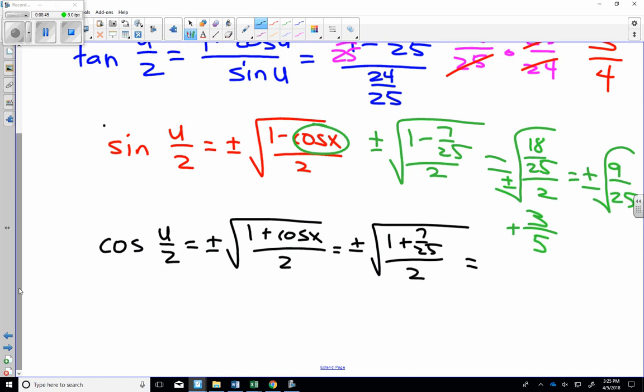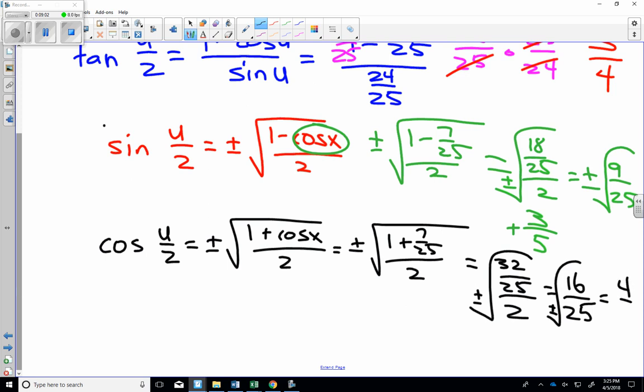And 25/25 plus 7/25 is 32/25 divided by 2, which then becomes 16 over 25. And the square root of 16 is 4, and the square root of 25 is 5. And again, it's positive because we're in the first quadrant, so it's 4/5.